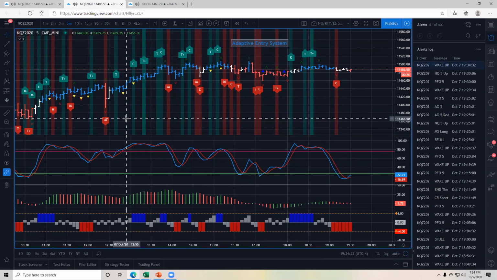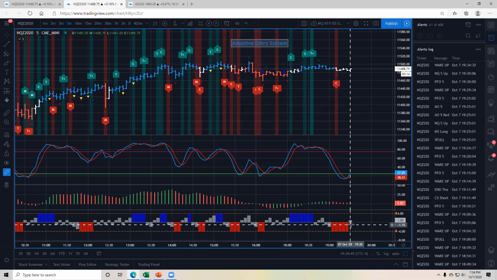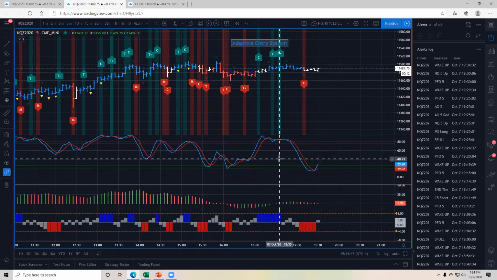So I am always prepping for what I think is going to be the next signal. The current bar is a great example. It's a red bar. If that bar closes red and the next bar opens red, the price bar, it's going to be a short trend bias entry.